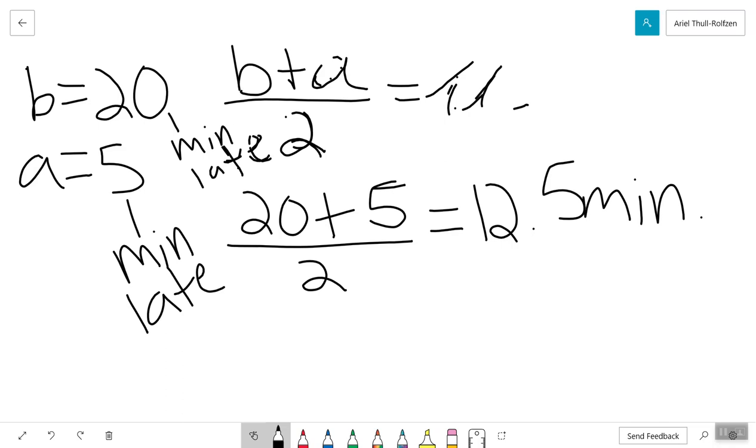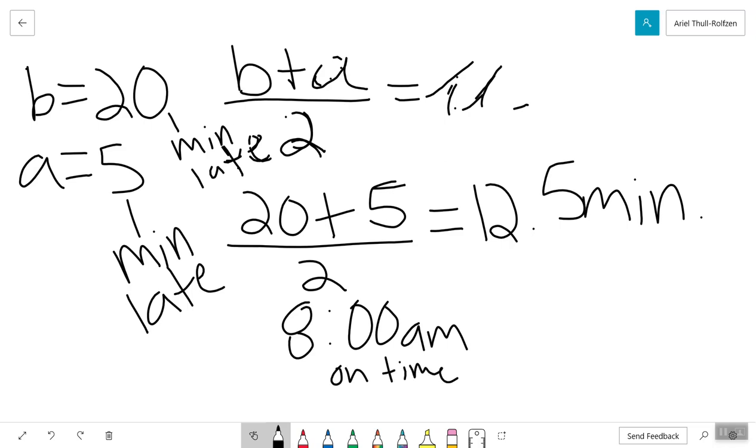So because we're in units of minutes late, we want to convert back to a regular time. So what I'm going to do is say, okay, 8 o'clock a.m. is on time. And I'm going to add 12.5 minutes.